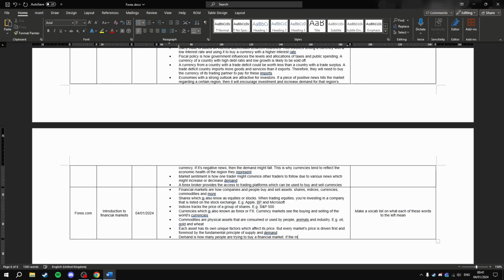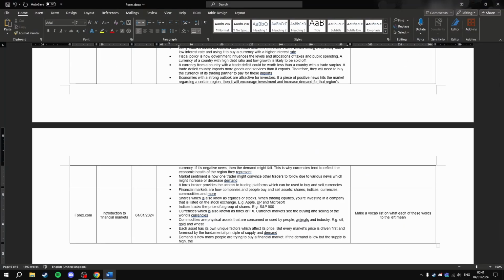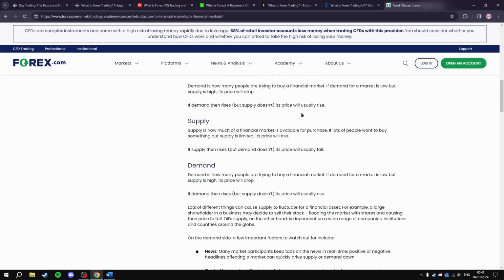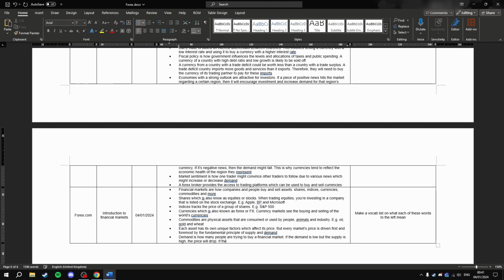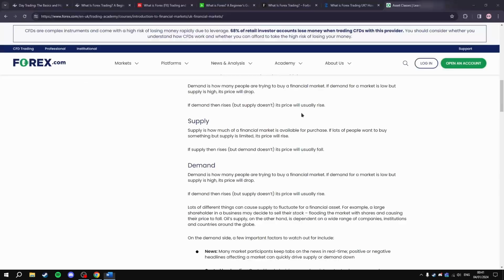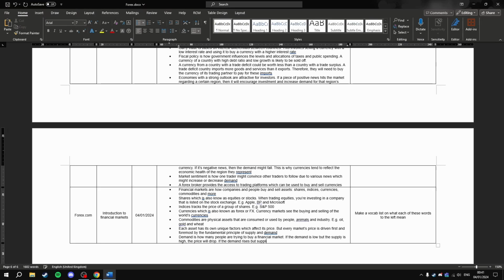If the demand is low but the supply is high, the price will drop. If the demand rises but the supply doesn't, the price will usually rise as well. Yeah. Cool.